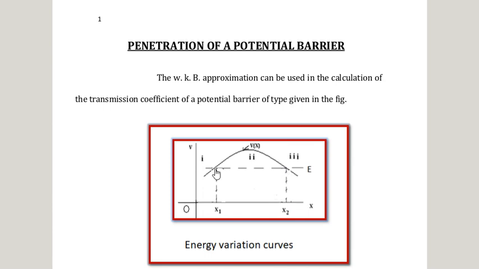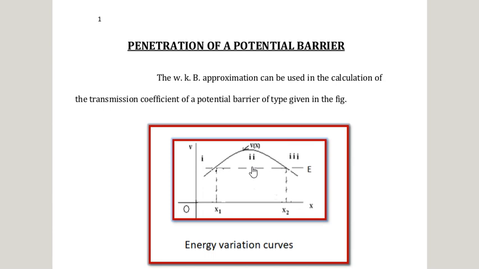The region x less than x1 is the classical region, and the region between x equal to x1 and x equal to x2 is the non-classical region because potential energy is greater than total energy.